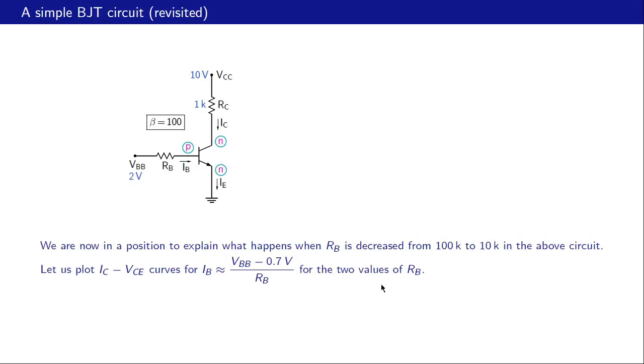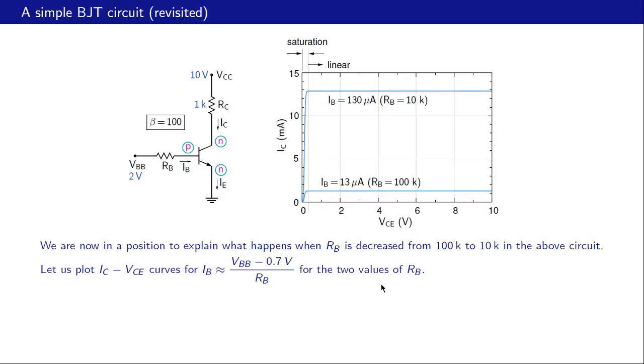And let us now look at the IC-VCE characteristics for these two base currents. So here is IB equal to 13 microamps, which corresponds to RB equal to 100K. And what would be the collector current here in the linear region? That would be 13 microamps multiplied by beta. That is 1.3 milliamps, and that is exactly what this is.